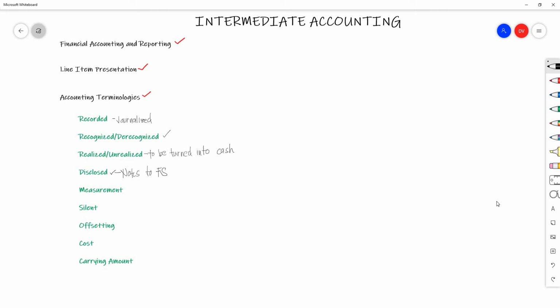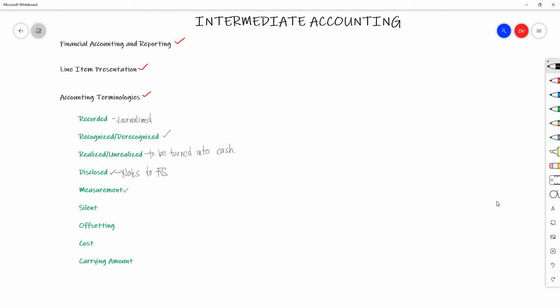Okay? Next, measurement. When we say measurement, if you recognize an item, if you recognize an asset or liability or equity or any income or expense, when we say measured, how much is it recorded? So let's say, for example, cash should be recognized.